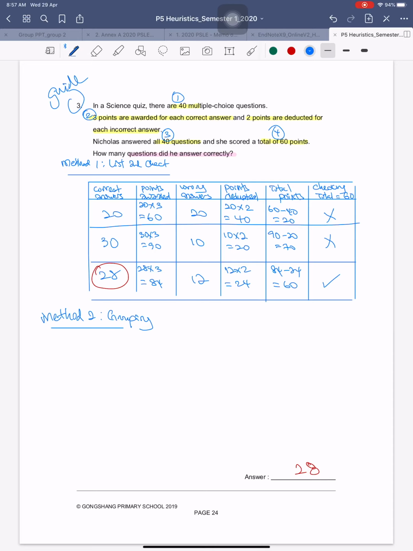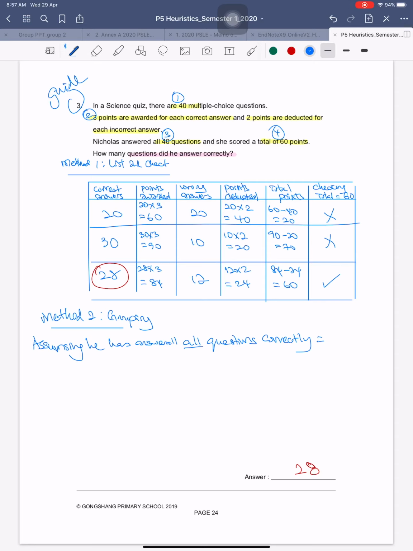Now for this, let's make one assumption. Assuming he has answered all questions correctly. Okay, so I need to make this assumption for this question.